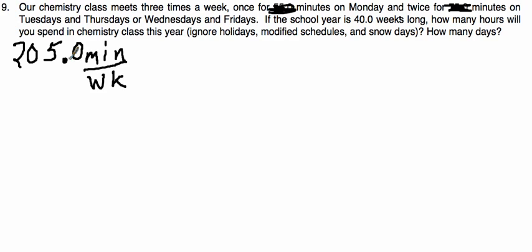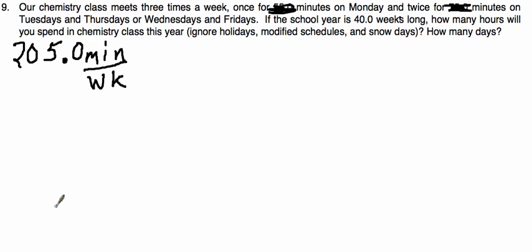205.0 minutes per week. Our starting information now is 4 sig figs wide. Reading the second sentence again, if the school year is 40 weeks long, sounds kind of like a conversion factor. How many hours will you spend in chemistry this year? I'm going to do this on the bottom.